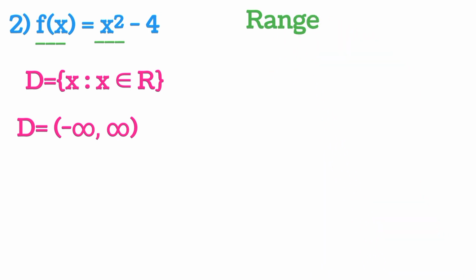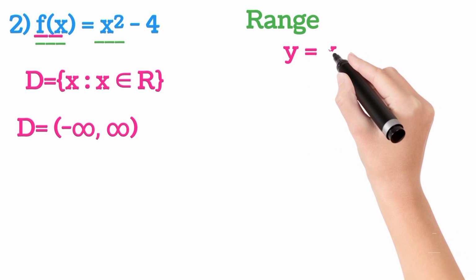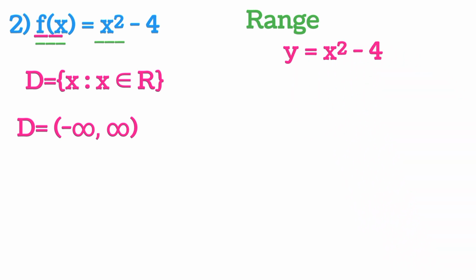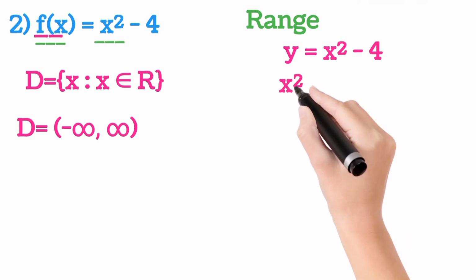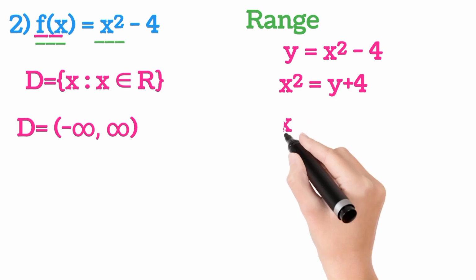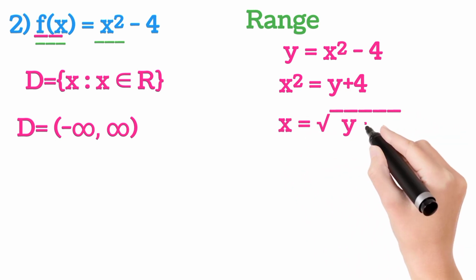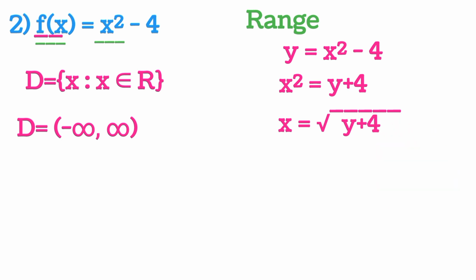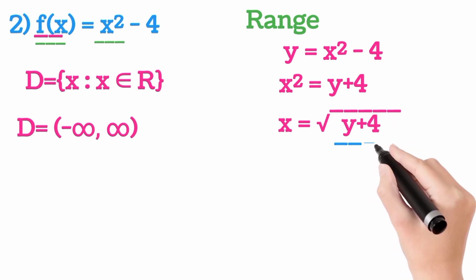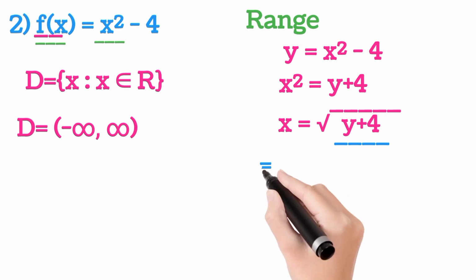Now for the range, we will substitute y in place of f(x), so this will be y = x square minus 4. Now express x in terms of y, so we will get x square = y plus 4, or x = square root of (y plus 4). So here we have a square root, so this term should always be greater than or equal to 0, otherwise x will be undefined.